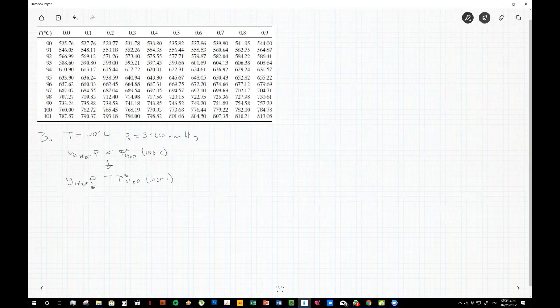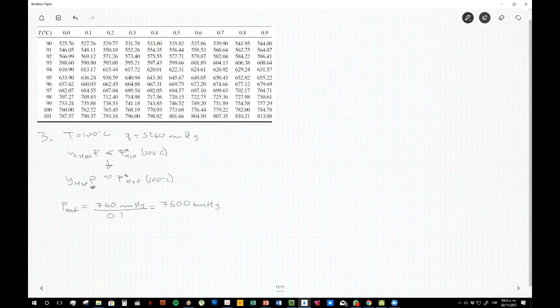So what we want to solve is P, and I'm going to add saturation, when this system is going to get saturated. The vapor pressure of water at 100 degrees is 760 millimeters of mercury, and we divide that by the molar fraction of water, that is 0.1, that was data. So this is 7,600 millimeters of mercury.